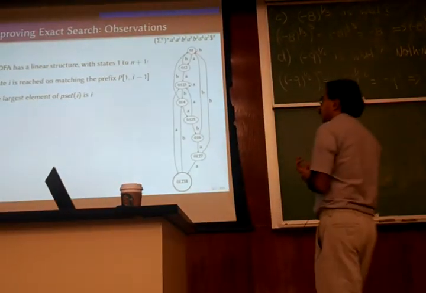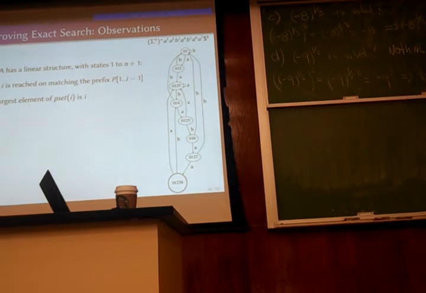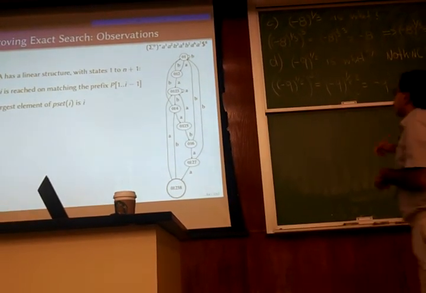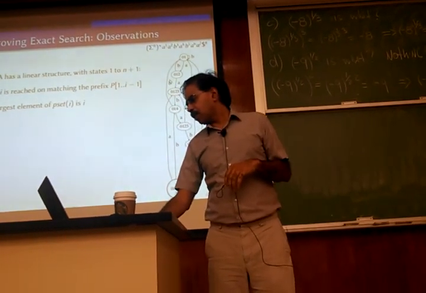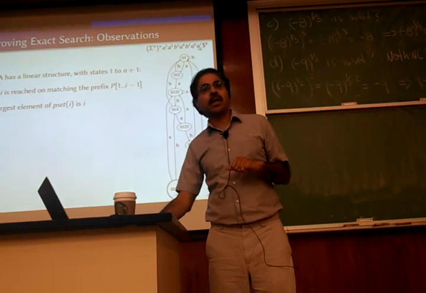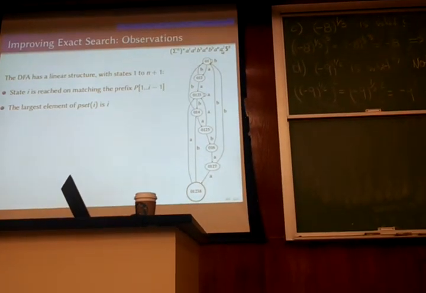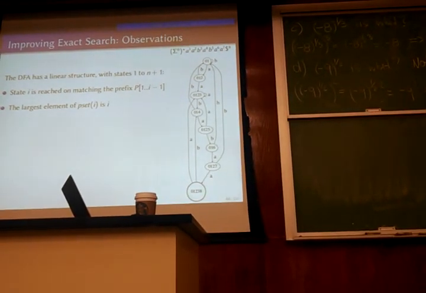So as we said, the DFA that's constructed by this algorithm has a linear structure. Essentially there are states, and the states sequentially correspond to the positions within the string, right? Because it's a simple string, your positions just advance left to right, and you're never going to come back to the beginning.